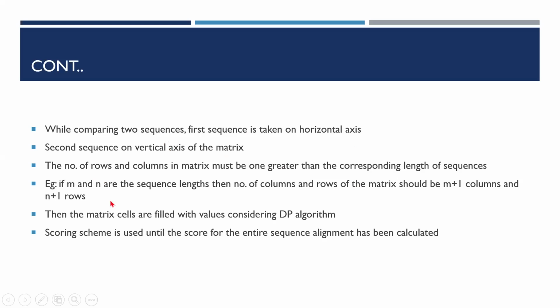One example is given. If M and N are the sequence lengths, then the matrix should have M plus 1 columns and N plus 1 rows. Then the matrix cells are filled considering dynamic programming algorithm. Then the scoring scheme is also used until the score for the entire sequence alignment is calculated.